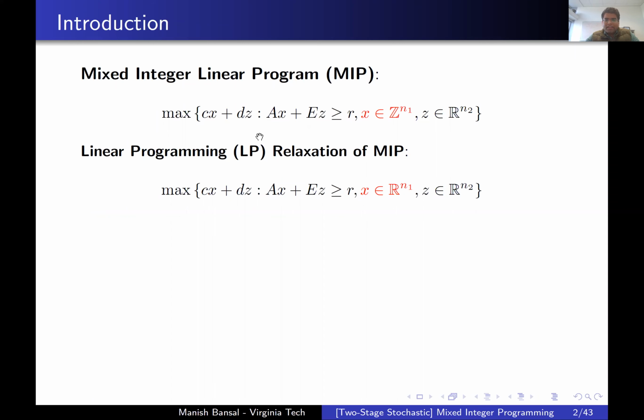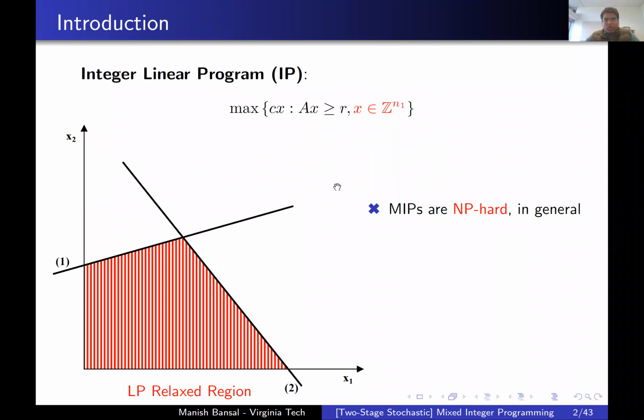A linear programming relaxation of a mixed integer program is essentially a linear program which has the same objective function and the same set of constraints, except that the integrality restriction on all the integer variables has been relaxed. And a pure integer program is an integer program which has only integer variables.